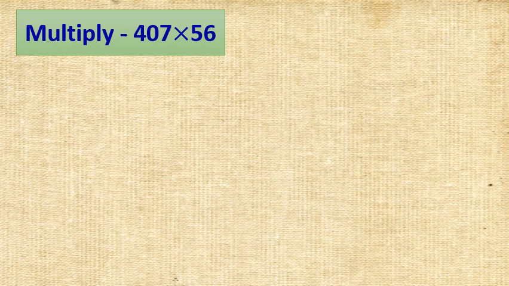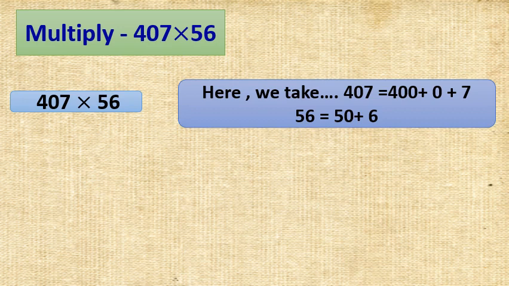Here 3 digit number, that is 407, we are going to multiply by 2 digit number, that is 56, isn't it? We will write these two numbers in their expanded form. So we will take like this. That is 407 is equal to 400 plus 0 plus 7, and 56 is equal to 50 plus 6.